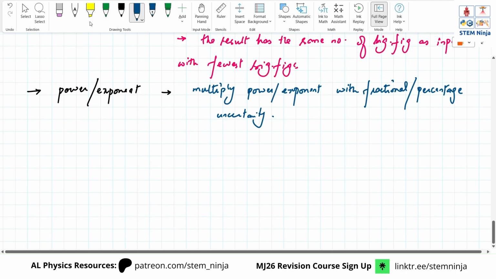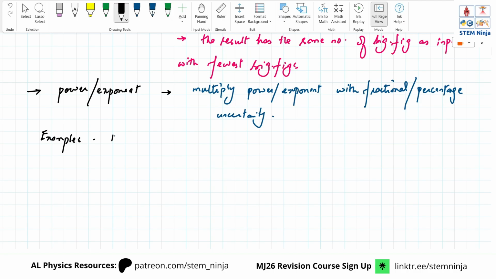Now, let's take an example. Let's say you have two lengths. L1 is 4.5 plus minus 0.5 centimeter, and L2 is 5.9 plus minus 0.1 centimeter.